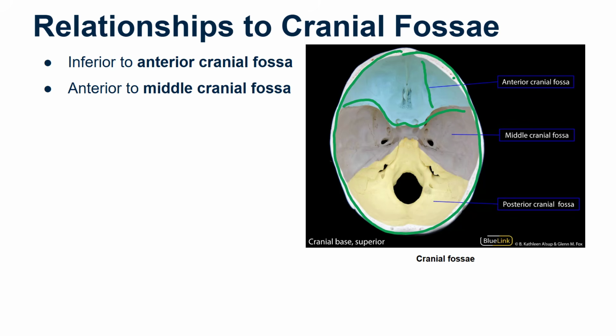So the orbit is in this space. And it's also anterior to the middle cranial fossa. So there's a lost sense of depth here, but if you were to move anterior from that middle cranial fossa, you would encounter a wall of bone, in front of which would be the orbit.